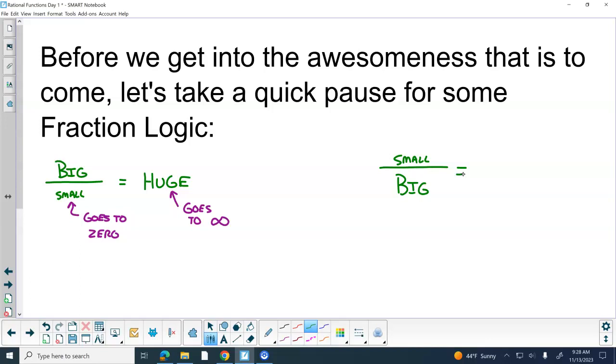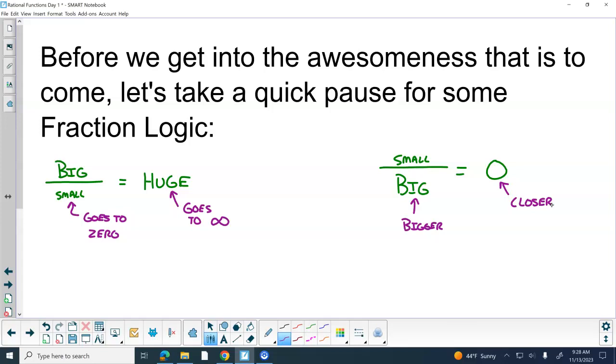Teeny tiny. What's it going to get closer and closer to? 0, but it's never going to get there, right? But it's going to get closer and closer to 0. So the bigger that this one gets, the closer we get to 0. The smaller that number gets in the first one, the more we get to infinity.